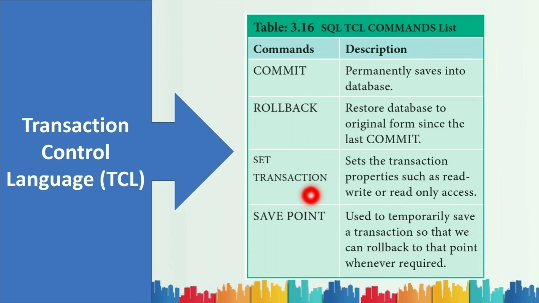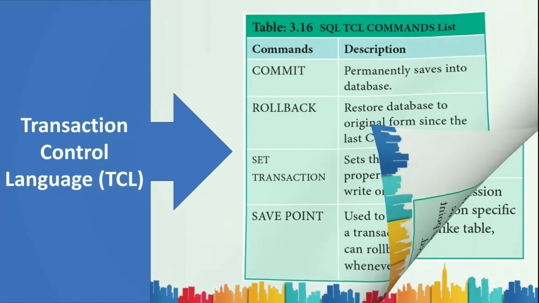With set transaction, you can set read or write permission for the users. And savepoint is like a bookmark. Wherever you want, you can make a savepoint so that it will be saved temporarily. And if you want to save all the data permanently, you should give the commit command.